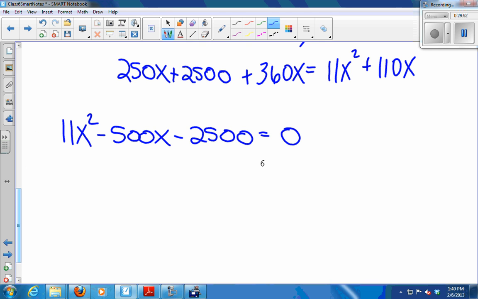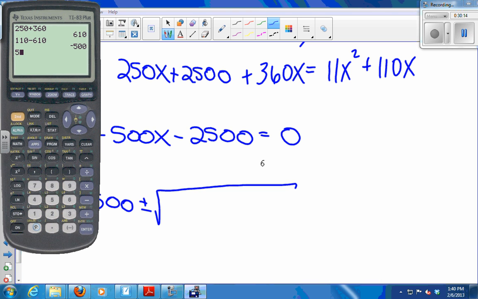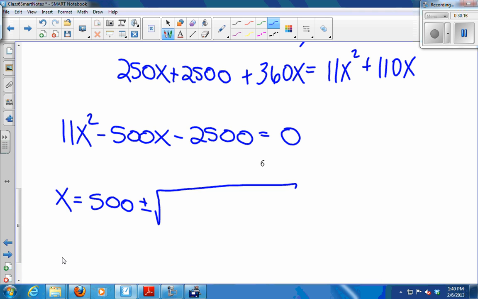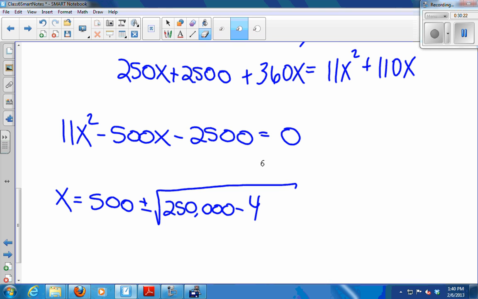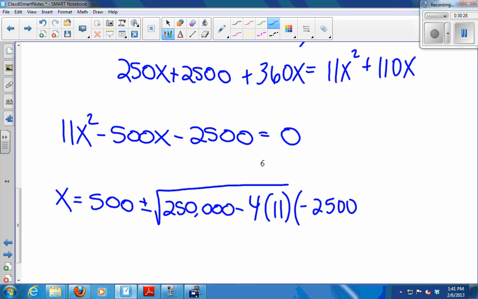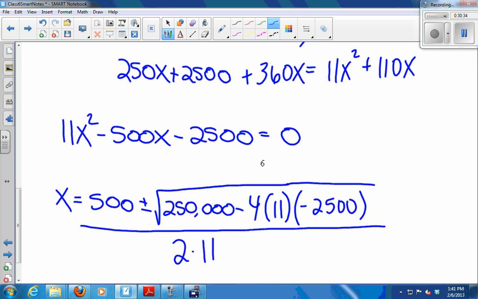All right, so we can either try to factor it, which I don't want to do, or I can use the quadratic formula. So I would have x equals negative b plus or minus the square root of b squared, 500 squared, what's that, 250,000, minus 4 times a times c, all over 2 times a.